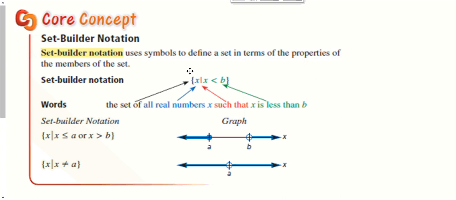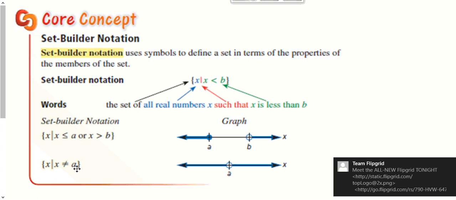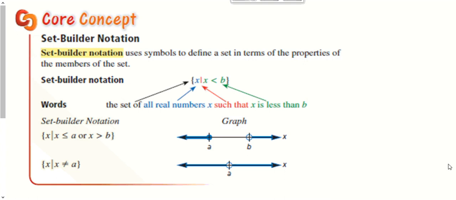So if we have this graph, let's start with the graph on the bottom here. Every single solitary thing is shaded except for A. Well, that's going to mean that X is not equal to A, but with set builder notation, we have also X and then that little line right there. And we'll describe what that line means in a second.